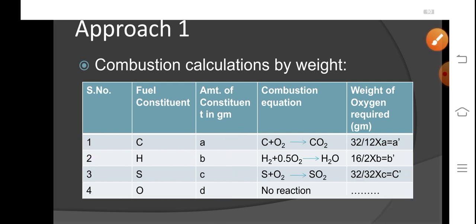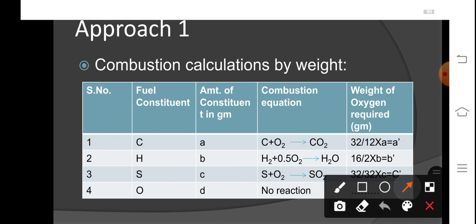Then in the second step, we have to write the combustion equations. We consider only combustible elements. In this question, carbon is combustible, hydrogen is combustible and sulfur is also combustible, so we consider all three constituents. But we will not consider oxygen here. Why?